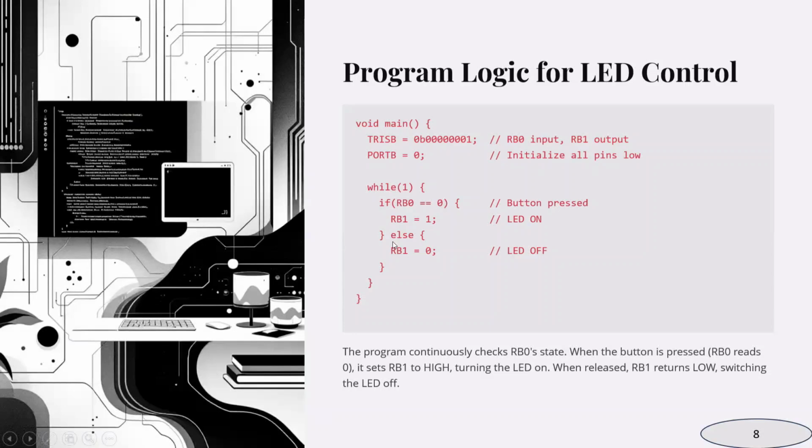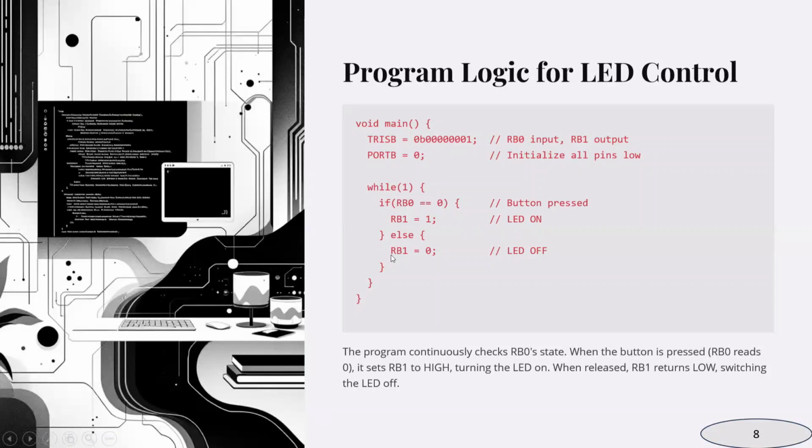If you have to check two conditions, we usually use the if else statement. In the if statement, we give the condition to check whether RB0 is equal to 0, and the else automatically checks the opposite condition. So here you have given what to do if RB0 is high: RB1 should be low.